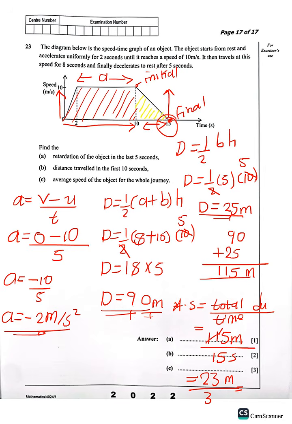So 3 into 23 is 7, remainder 2, so 7 and 2 over 3 meters per second. So this is our average speed. So this is how we can simplify questions.